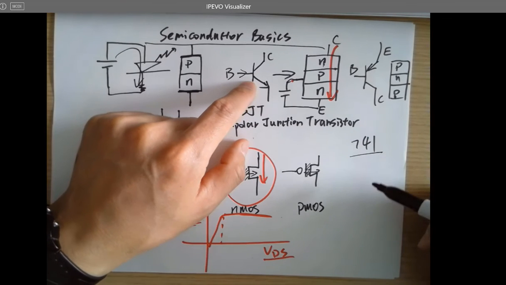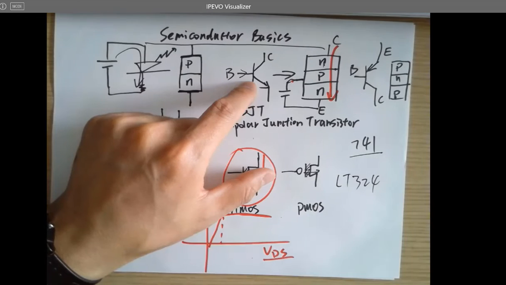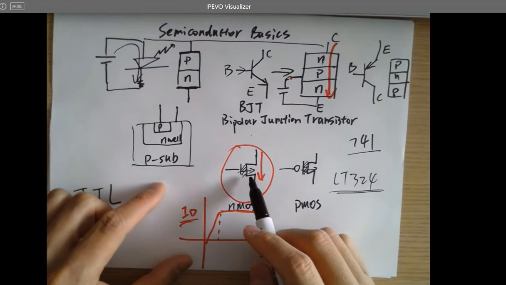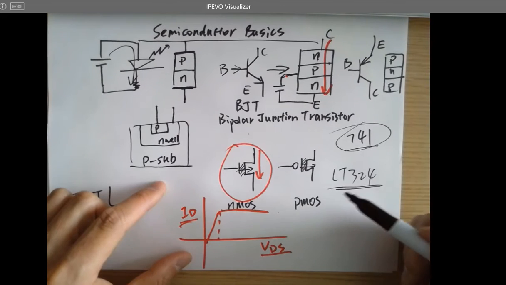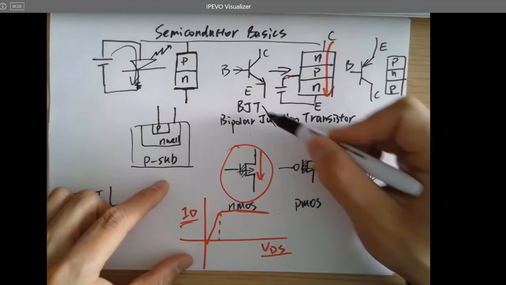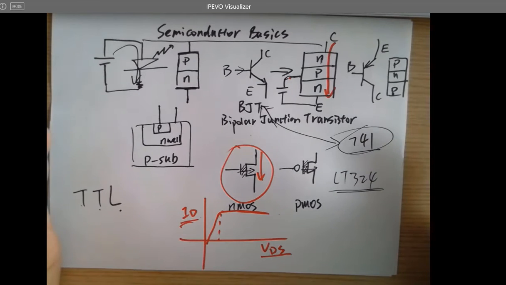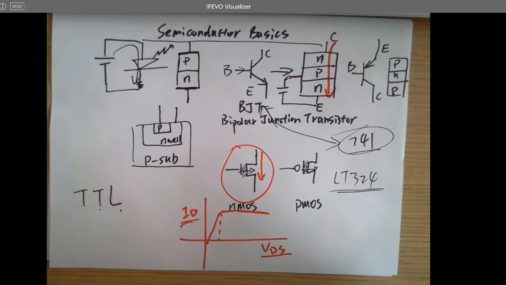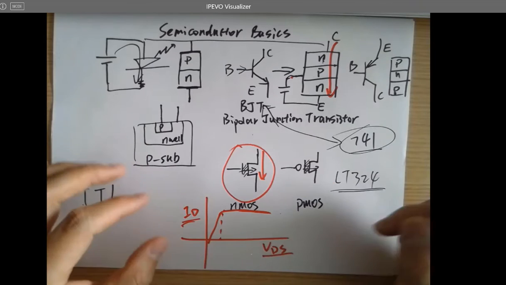But for the 324 or something, I think that's from LT, I forgot, these ones are based on CMOS transistors, but the 741 is totally built by BJTs. So the performance is low, the power consumption is high, and the footprint of the circuit is relatively larger compared to CMOS devices.